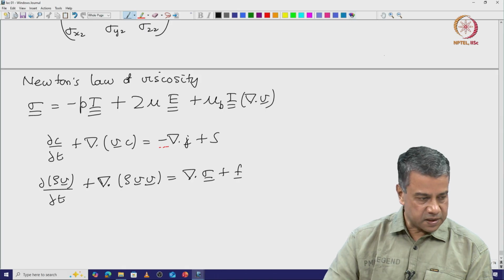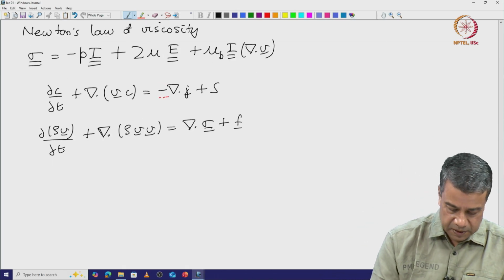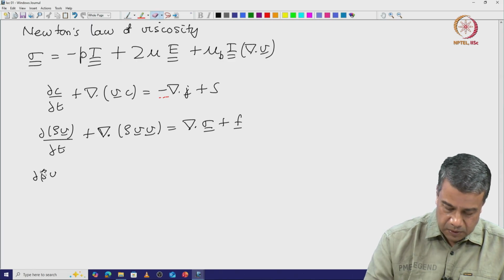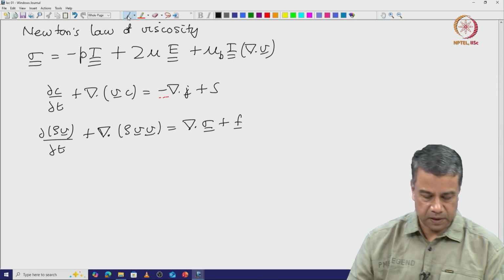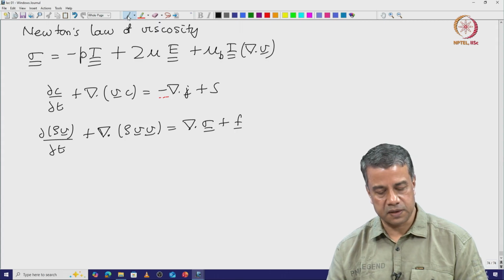Now, the left and right side of this can be simplified. First the left side, partial rho V by partial t. And note also that this is a vector equation. So, there is one equation for the x component of the velocity, one for the y component, and one for the z component.